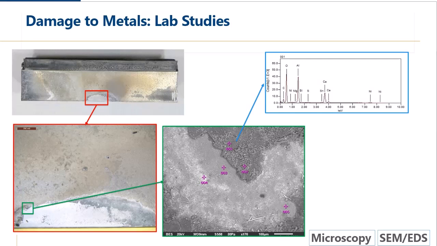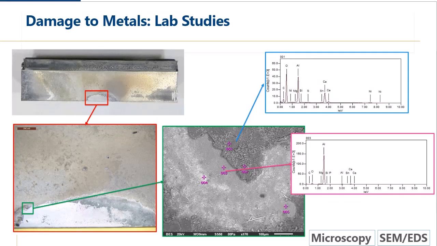So it does appear from this data point that there's some rundown from this masonry, and either some rundown or a little bit of spillage of the mortar can cause damage to aluminum, because aluminum is very sensitive both to highly alkaline environments like freshly mixed cement and new cementitious materials, as well as acidic materials like the cleaner. If we go to the area that looks more silver, we find that we basically just have aluminum. So in this case, the anodic layer has been completely eaten away by the chemical exposure.